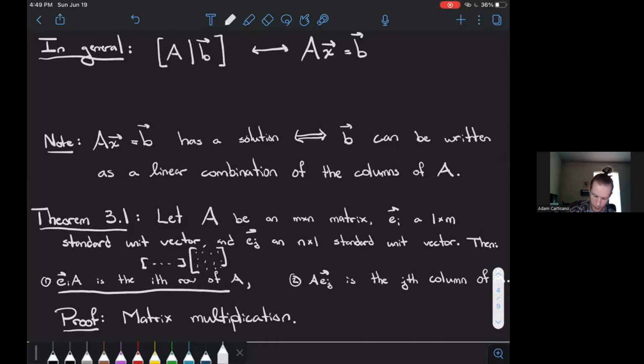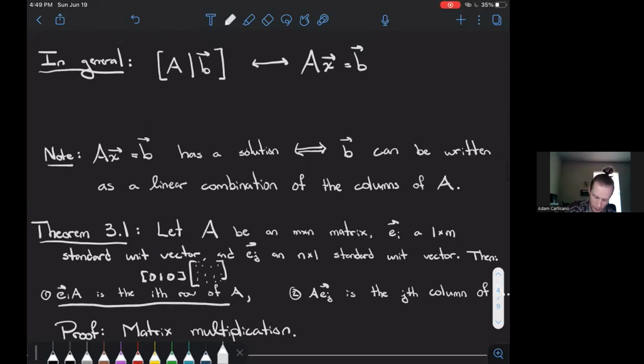And then we have zeros and ones inside of our row vector. So we take all the different columns of A, and each one gets a dot product with this vector. But every time you do one of those dot products, all of the entries are going to be 0, except for the one entry that has a 1 in this thing, in which case you'll just extract that entry. 1 times that number is that number. And so every single time the output is just whatever the entry is in whatever row the 1 is in the standard unit vector.